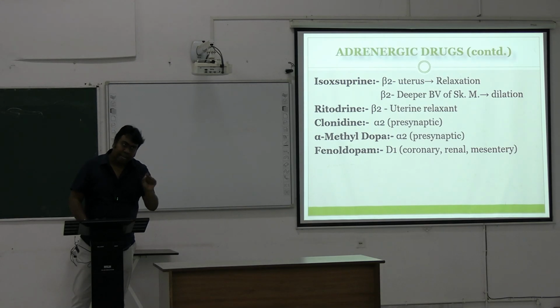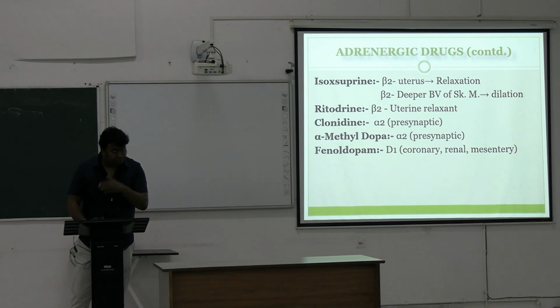So though it is an agonist, it is one of the sympathetic agonists that can be used in hypertension, that means they can reduce blood pressure by reducing release of noradrenaline as well as sympathetic outflow.